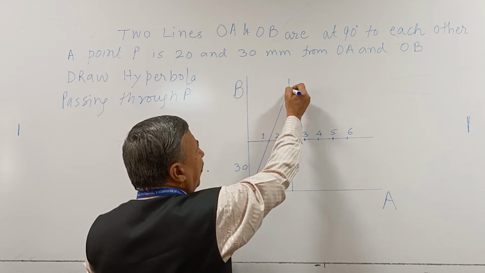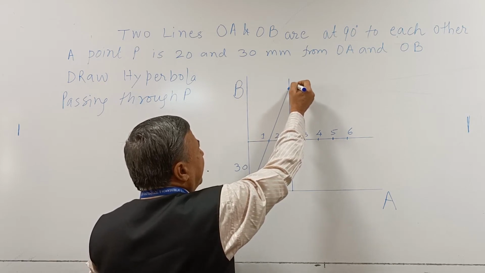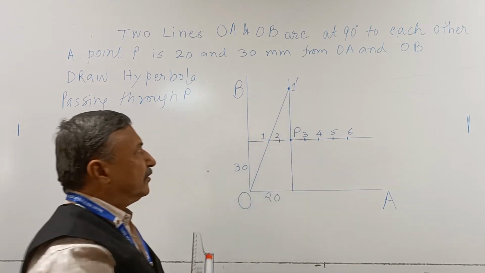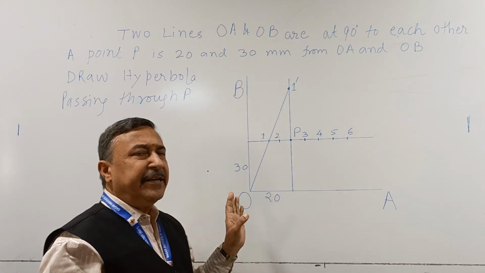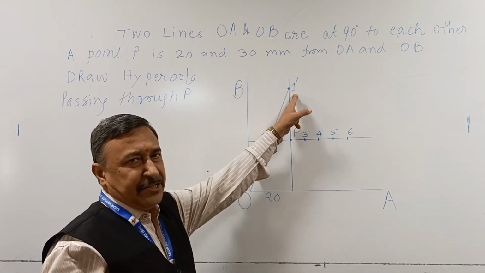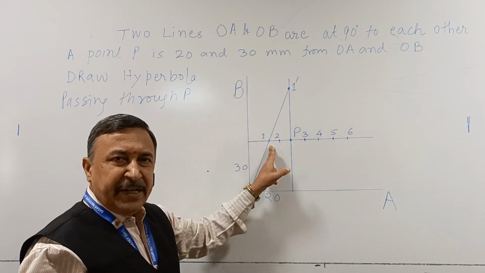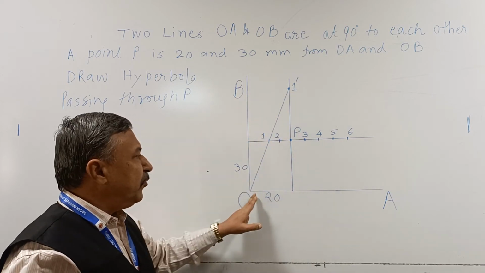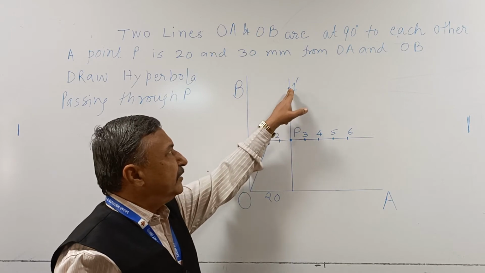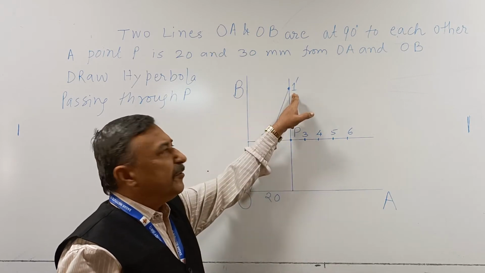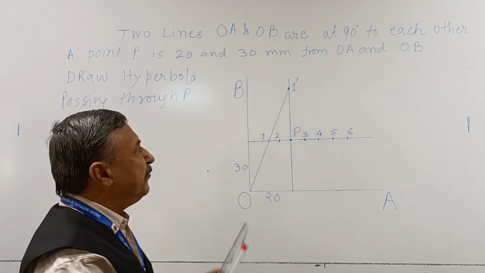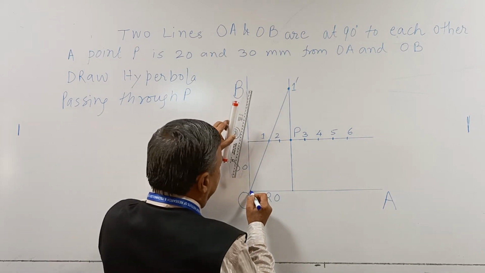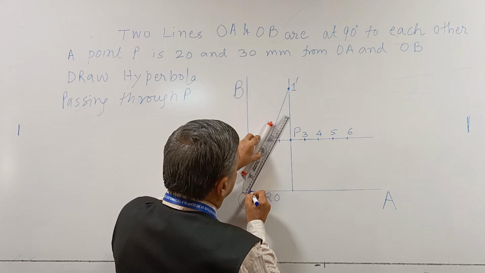So this is our point 1 dash. So now you understand how we get point 1 dash. 1 is assumed, and if we join 1 to O and extend to this line, we get point 1 dash. Like this, we get all the points, that is 2 dash, 3 dash, etc.